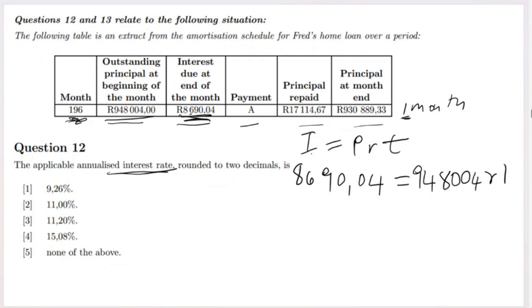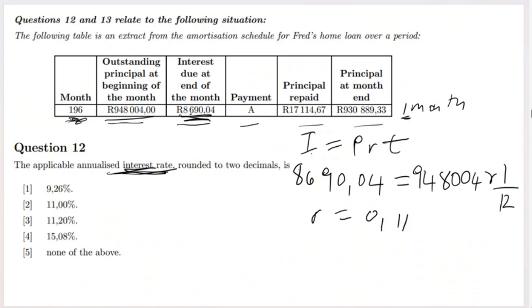It's going to be 1 over, this thing is compounding monthly, so it's 1 divided by 12. So we are going backwards. So our R is going to be equal to 0,11. That will be the interest rate that you are looking for.